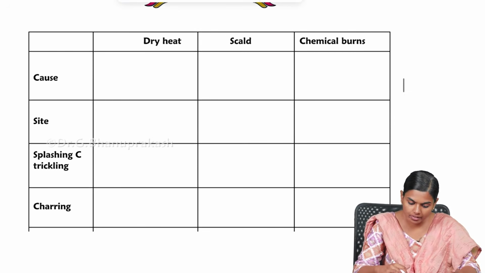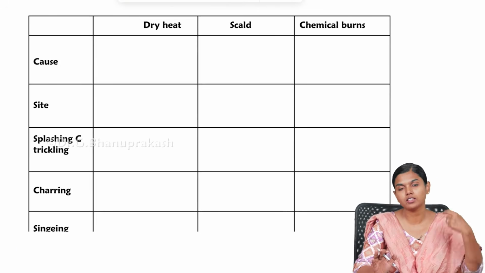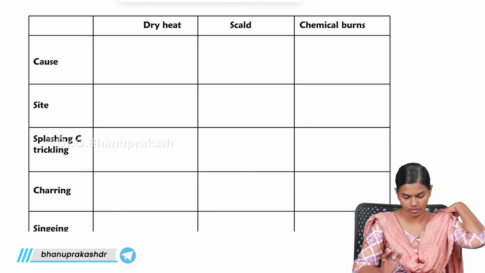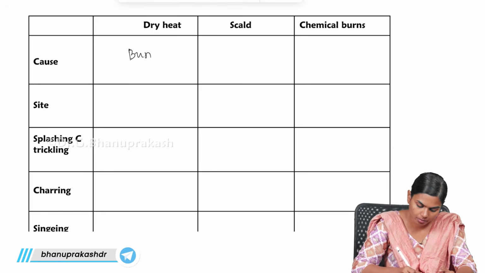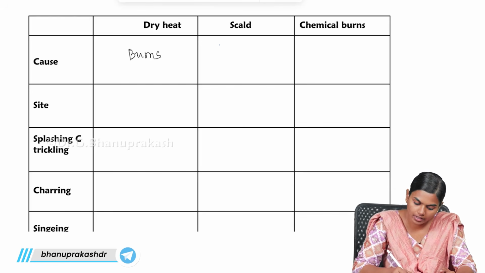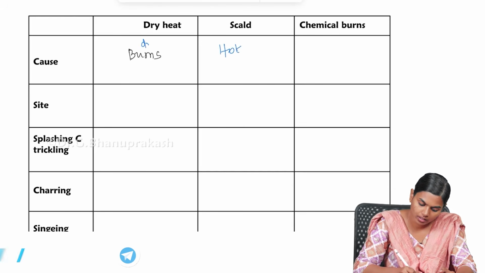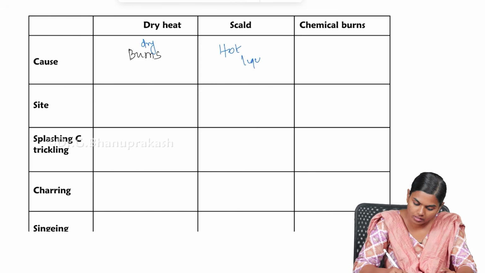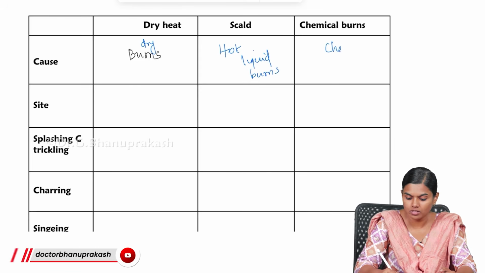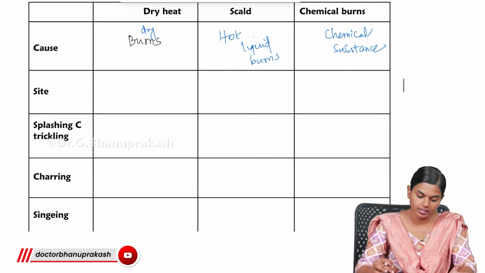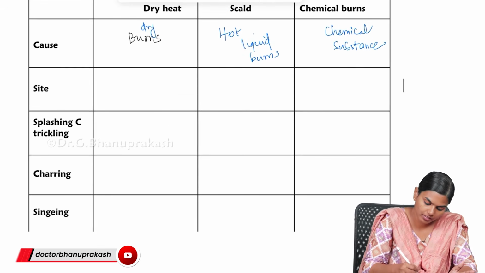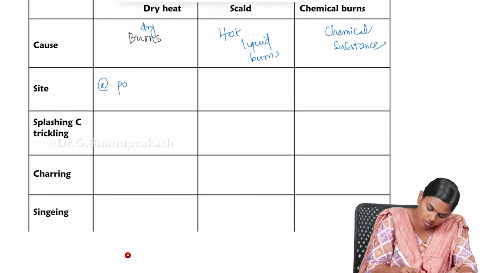And the main differences between dry heat, scald and chemical burns are usually asked. So dry heat is caused by flame burns, scald is caused by hot liquid burns, and chemical burns are due to some chemical substances. And what is the site? The site means the point of contact.